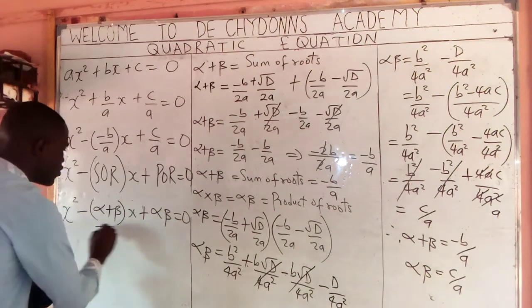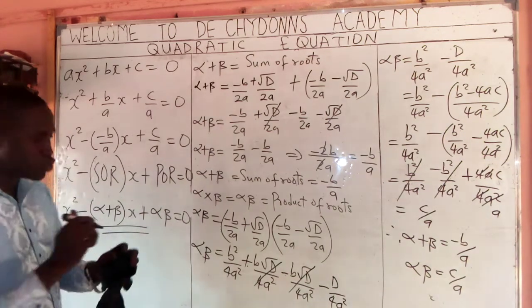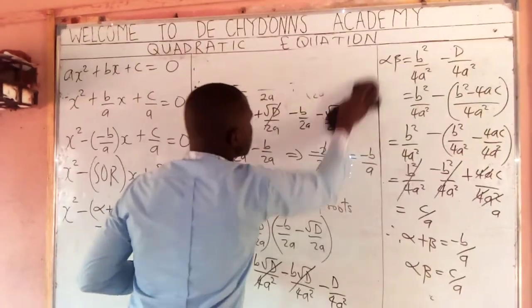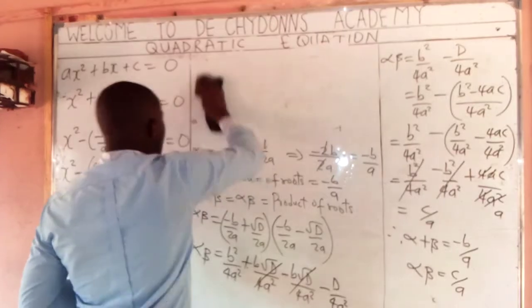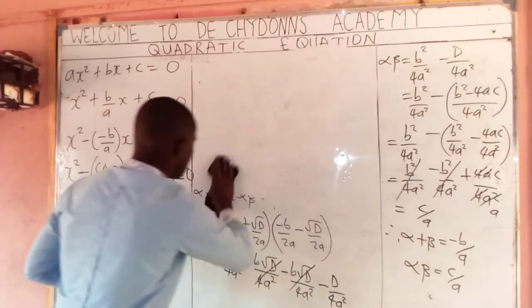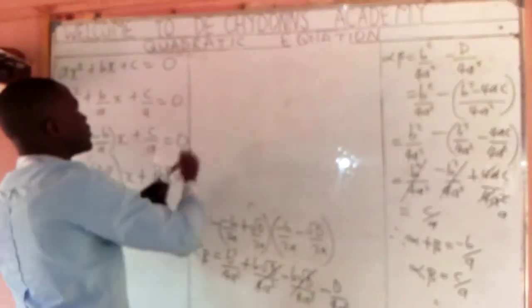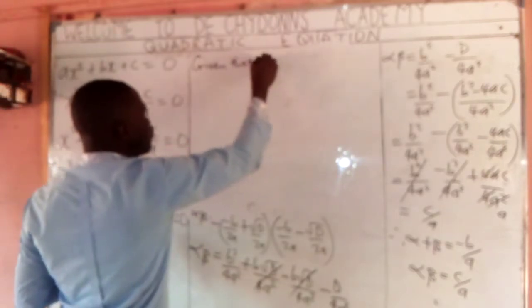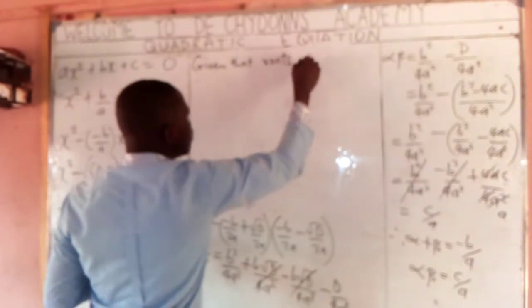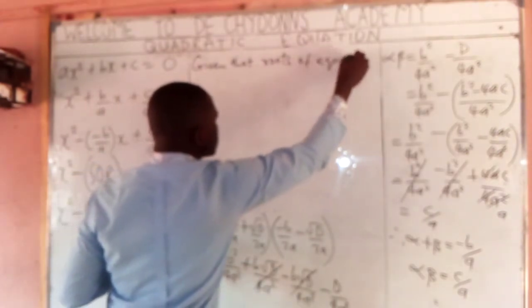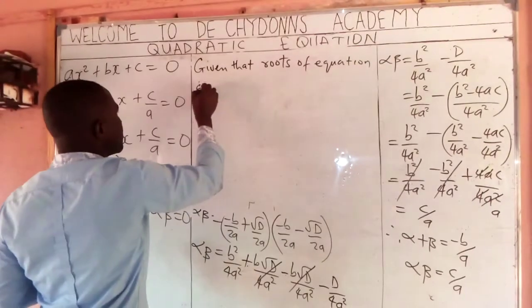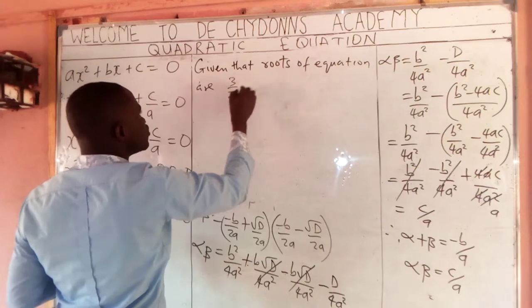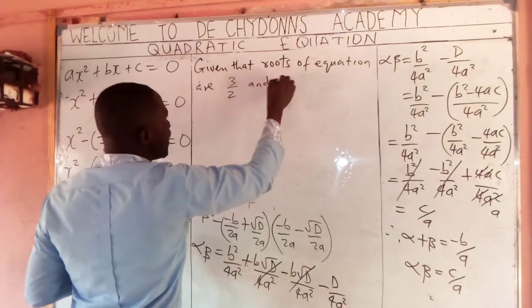Now, this formula you see can be very helpful to you in solving questions like, they say, given question 1, given that the roots of the equation are minus 3 over 2 and minus 1.